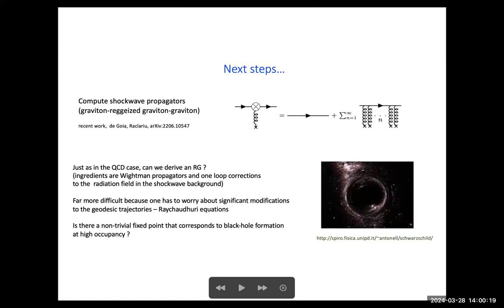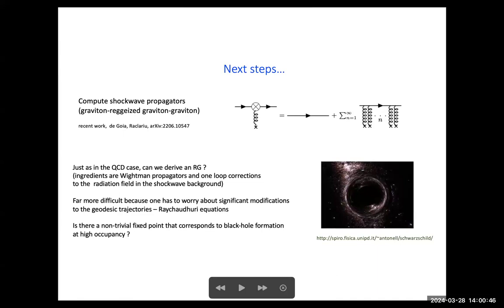There's a very interesting picture in terms of shape fluctuations with geodesic and shear forces that one has to take into account. And this is actually a key ingredient in these black hole singularity theories that people have. But in our case, it may not be necessary to go that far to derive such an RG, but you definitely, I think, have to think about how one implements the Raychaudhuri equations.